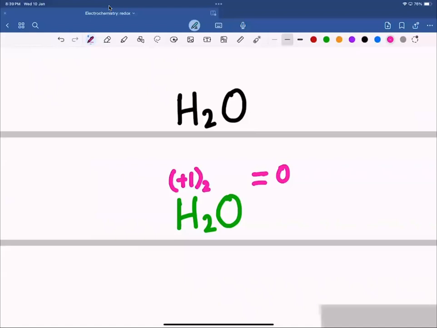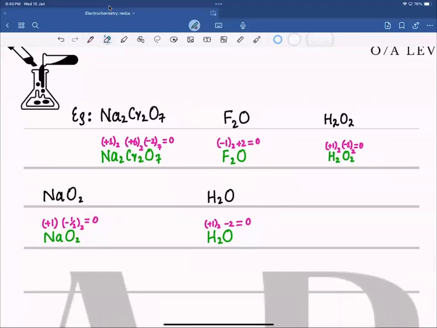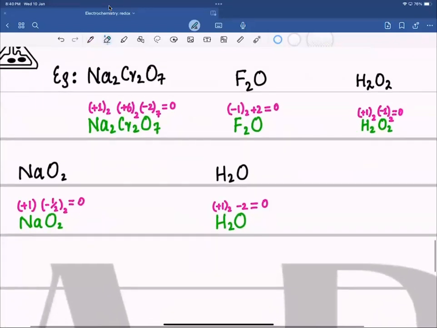There are 2 hydrogens, which makes it +2. Net charge is 0, so what is the oxidation number on oxygen? -2, and that is only one oxygen. So the oxidation number of one atom of oxygen is -2. Is this clear? Yes, sir.